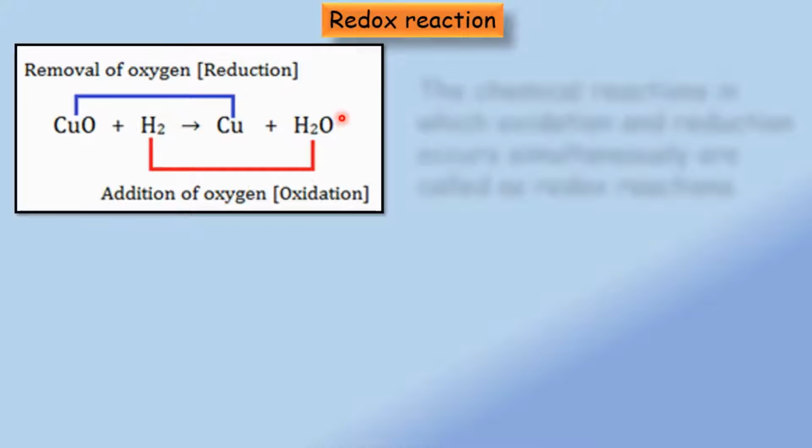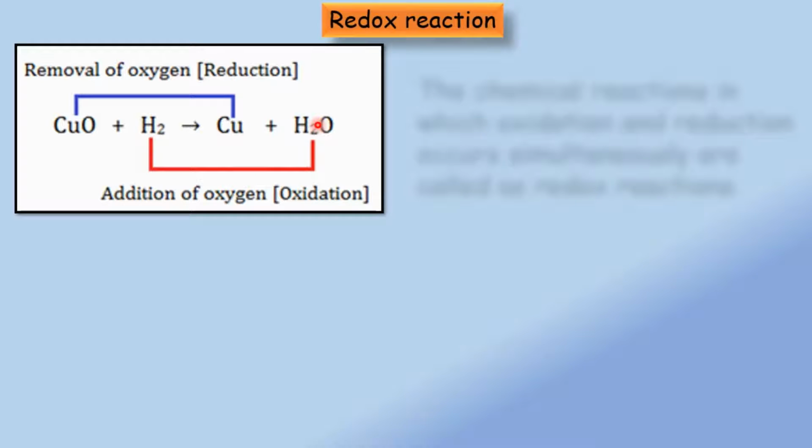Now in this reaction, an oxygen atom goes away from CuO, that is copper oxide, which means that reduction of copper oxide takes place. Whereas the hydrogen molecule takes up the oxygen atom and water is formed. Meaning, oxidation of hydrogen takes place to form water.